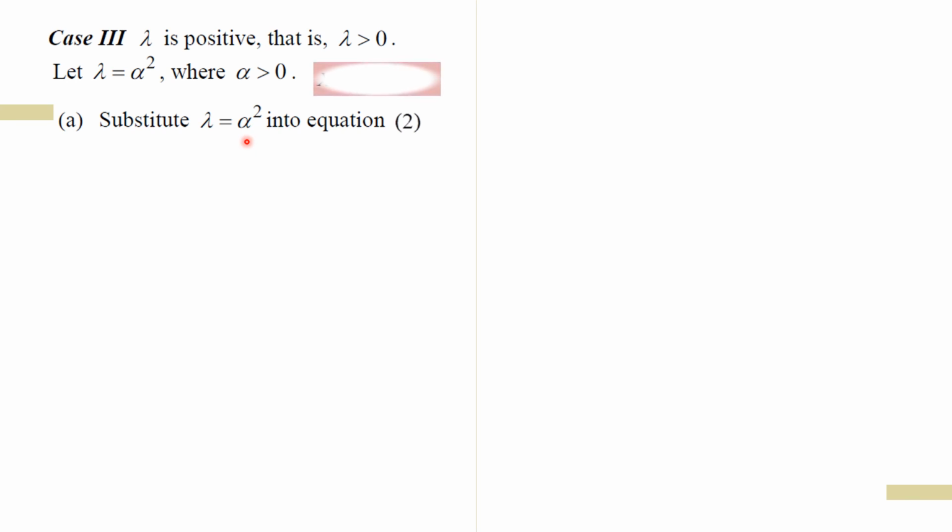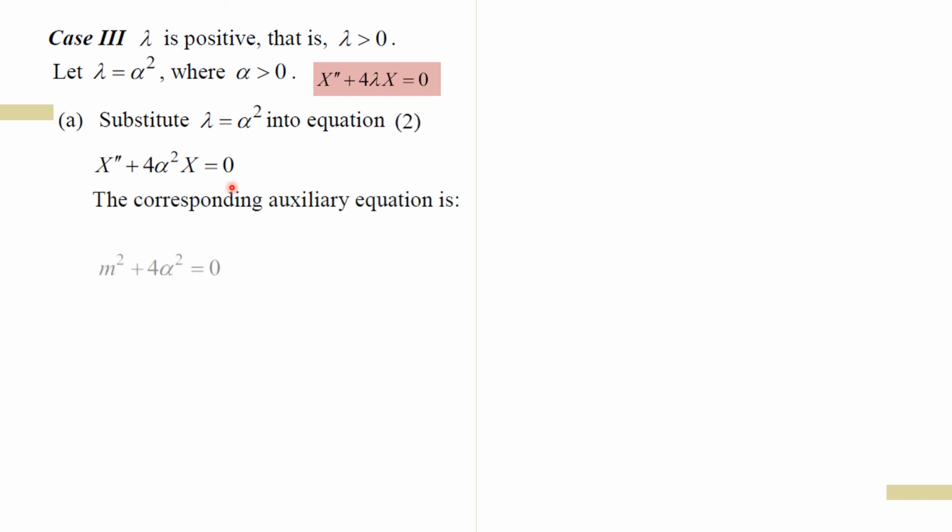Okay, so this is equation number 2. Replace lambda by alpha squared, so the equation becomes x double prime plus 4 alpha squared x equals to 0. The auxiliary equation will be in the form of m squared plus 4 alpha squared equals to 0.